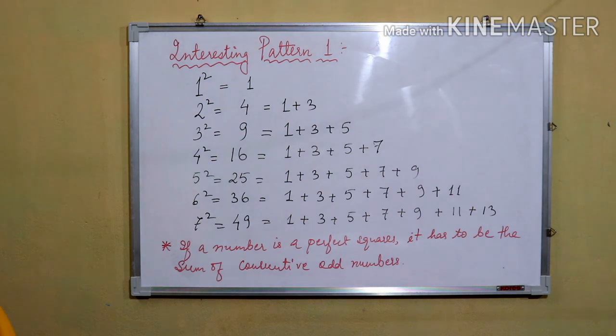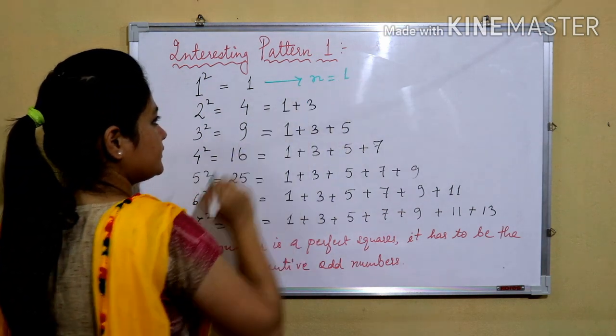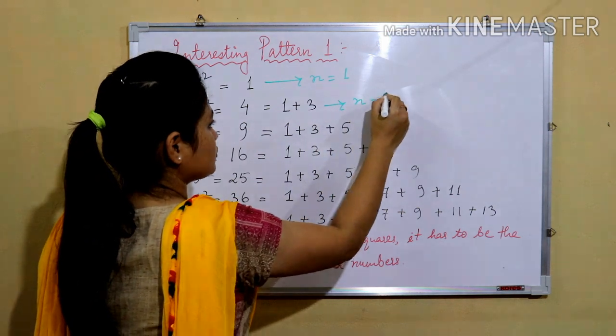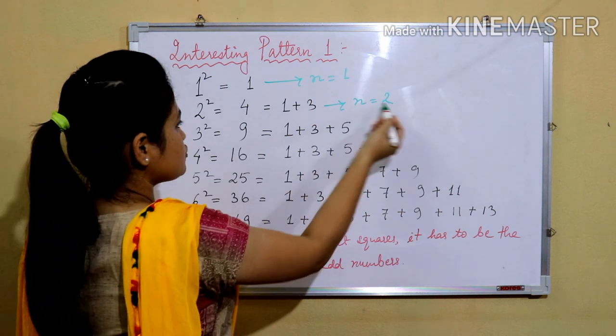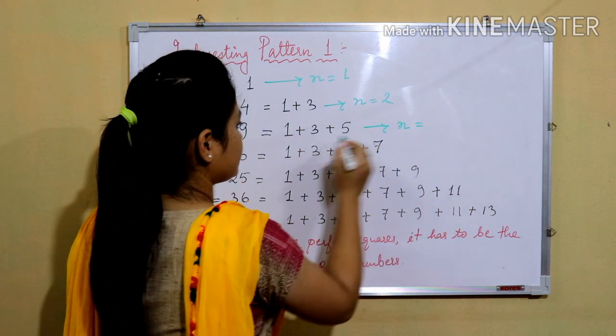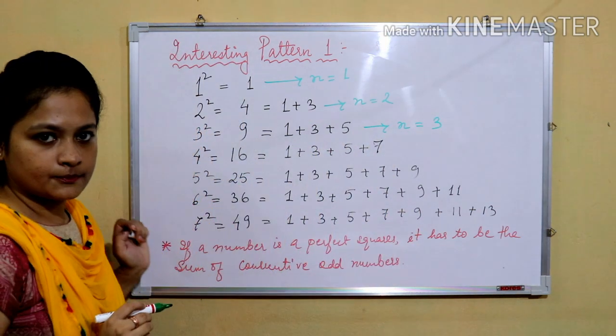In this case, your n is 1. In this case, your n is 2. That means 2 odd numbers you have taken. So 2 square gives us 4. In this case, n is 3. That means 3 consecutive odd numbers you have taken here.